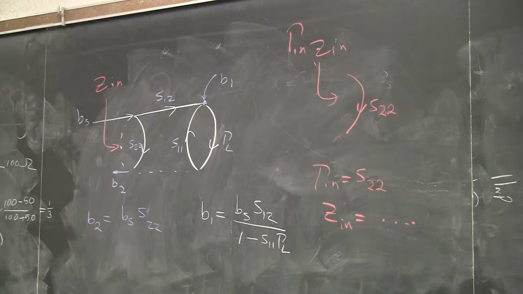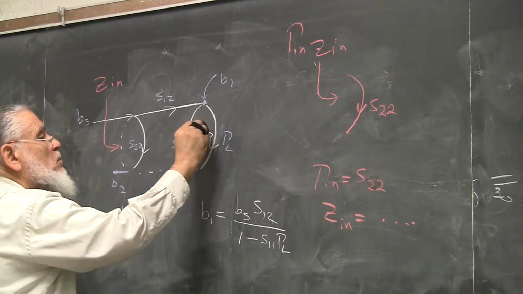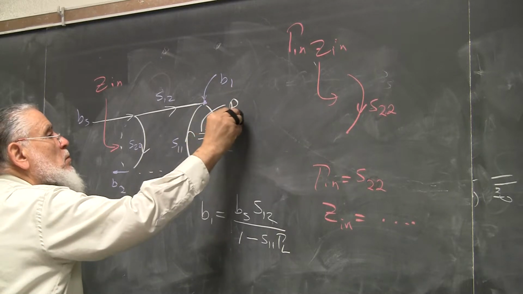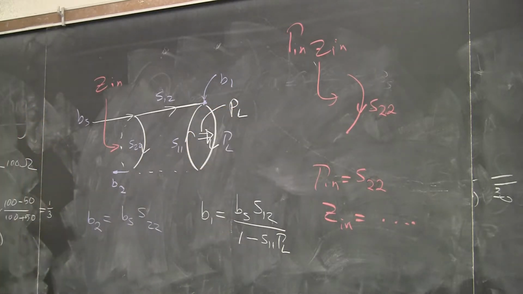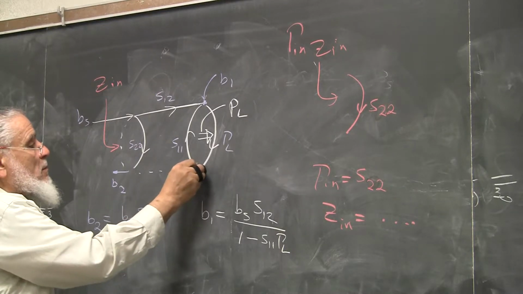All right. The third part is determine the power out delivered to the load. So we need to find the power delivered to the load here. Well, if we look at the load, the B1 is going in, A1 is coming back.